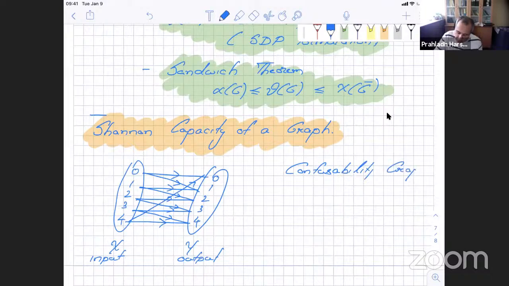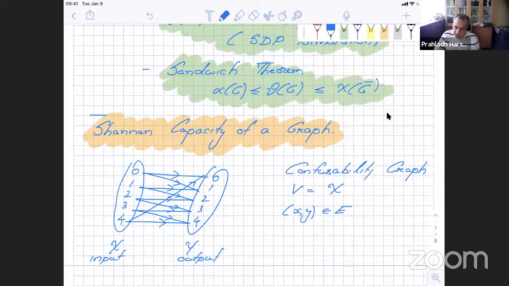Confusability graph. The vertices of this graph are the input alphabet, and if you put an edge between x1 and x2, it is because there is a possibility to confuse between x1 and x2.